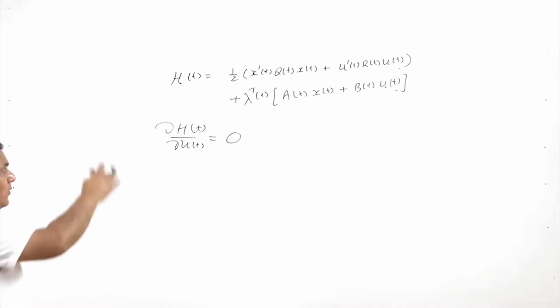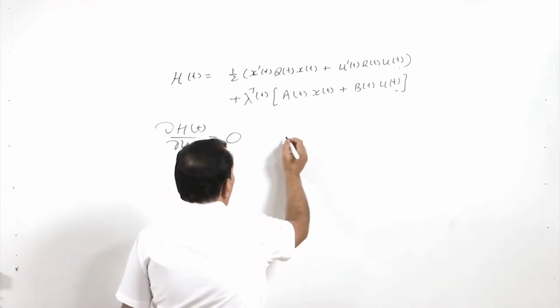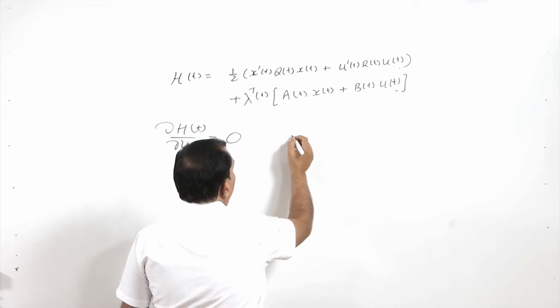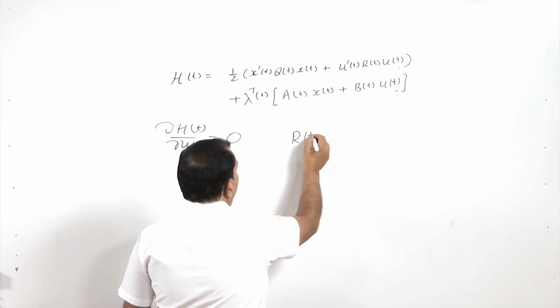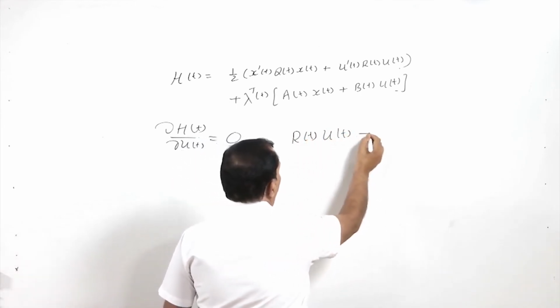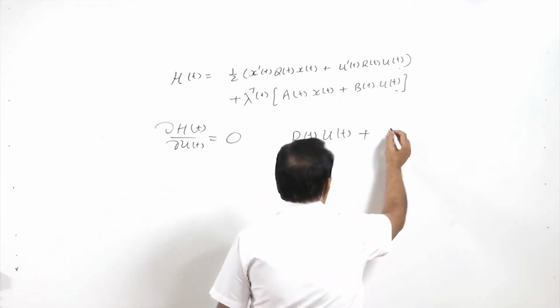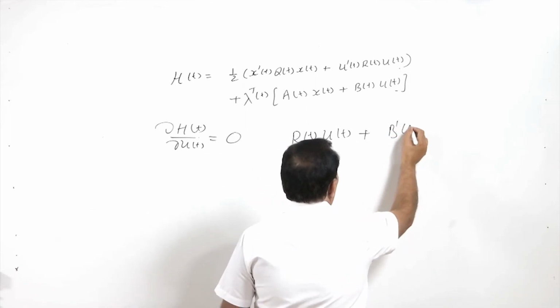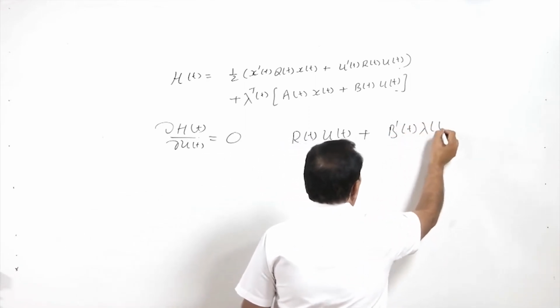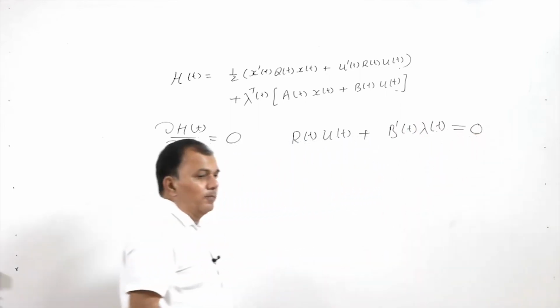And what was our condition if we are solving this? This was R(t) u(t) plus B transpose lambda(t) equals 0.